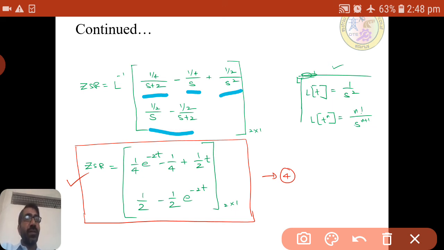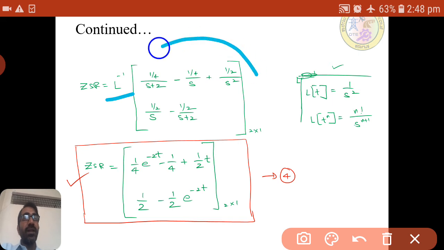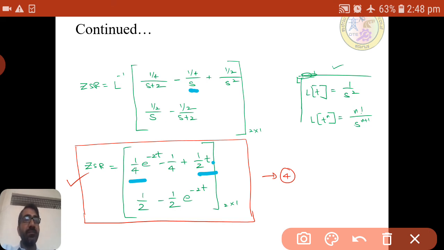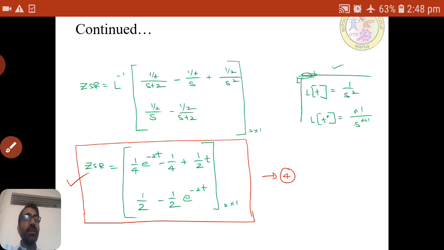If you take the Laplace inverse, we get 1 by 4 into e raised to minus 2t, that is 1 by s plus 2. The 1 by s is constant, so minus 1 by 4 remains as it is, and this is t by 2. Similarly, 1 by 2 minus 1 by 2 into e raised to minus 2t. So this is nothing but ZSR.